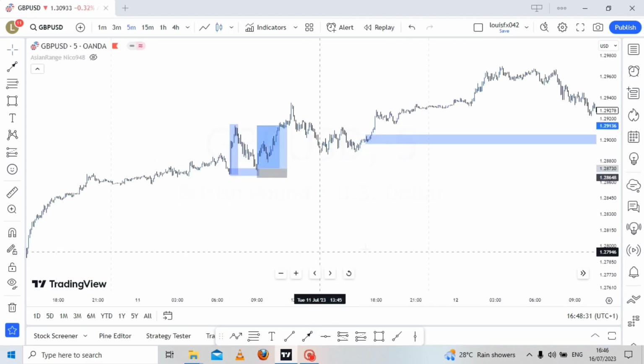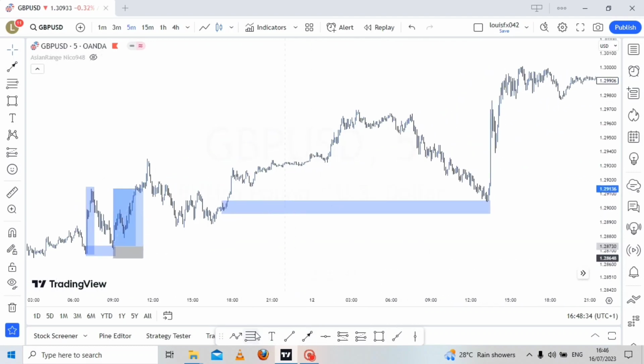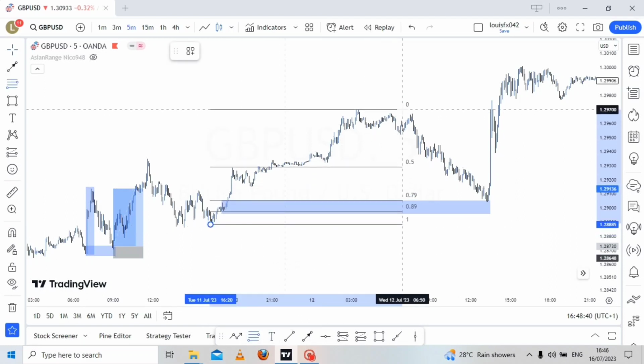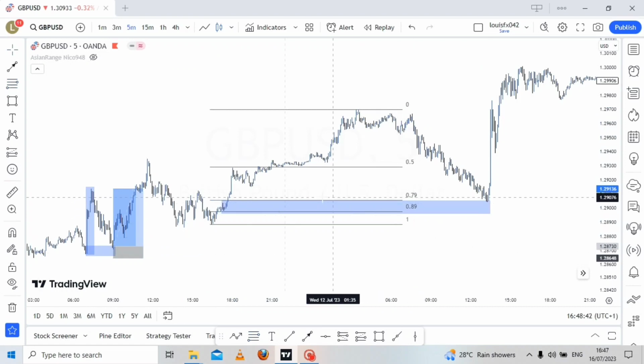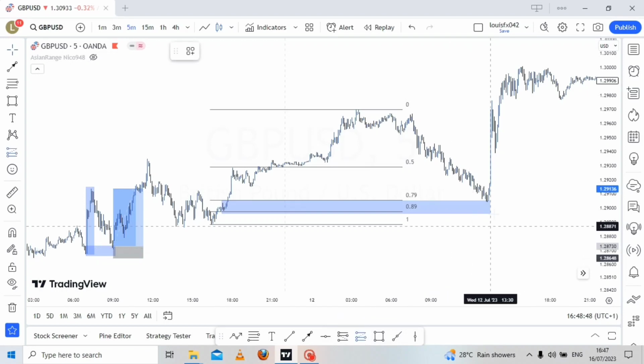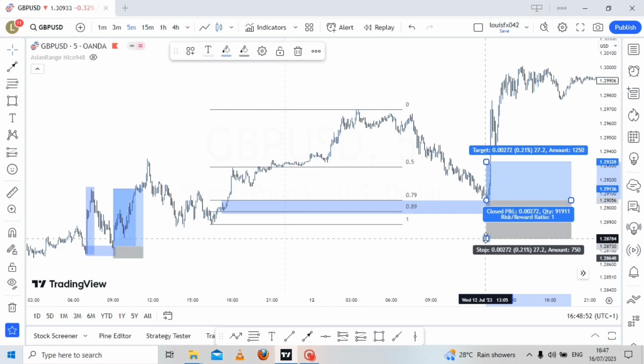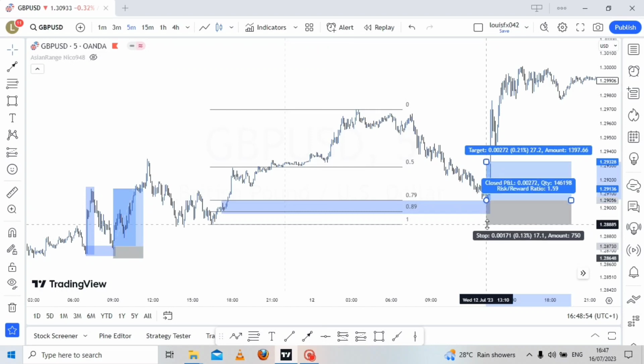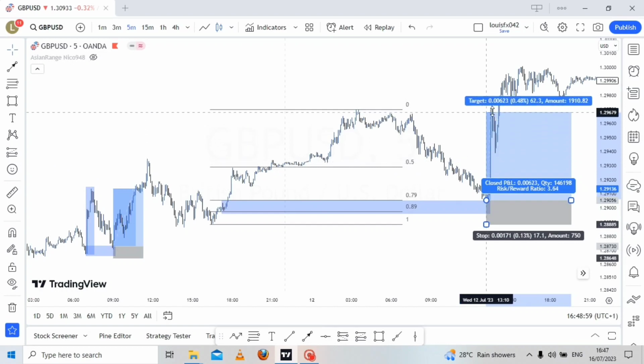So even if you use the Fibonacci tool to fit from this point to this swing high here, you can see yes, this other block here is discounted. So if you want to be conservative on this kind of trade, you either take your longs from here and keep your stop loss at one of the fib levels, and then you target the 0, which is the swing high the market created.